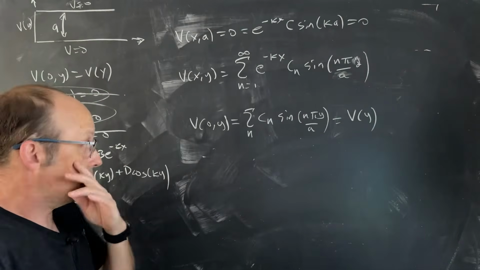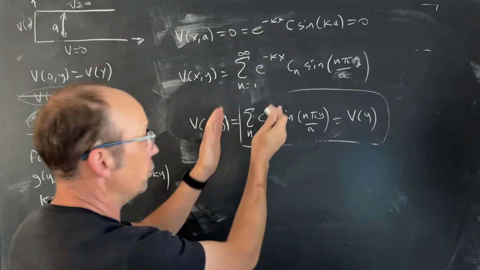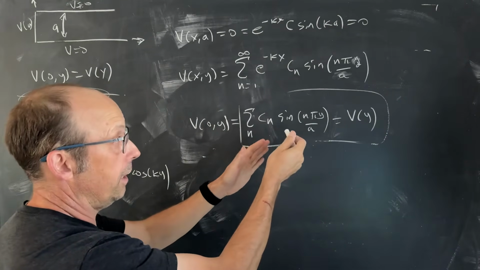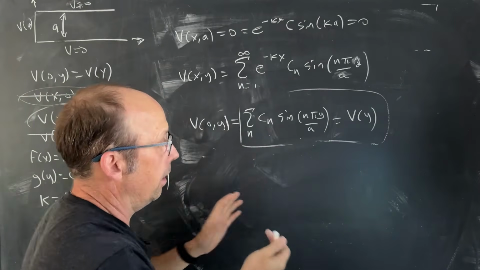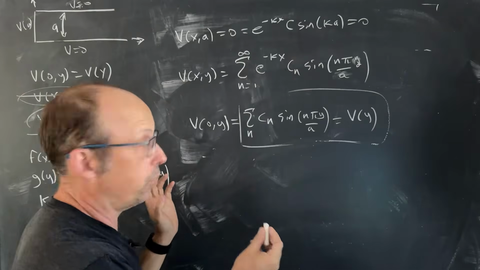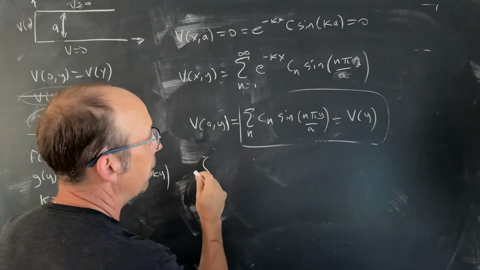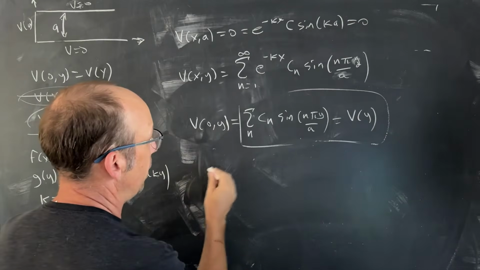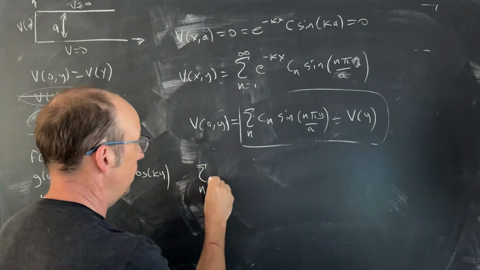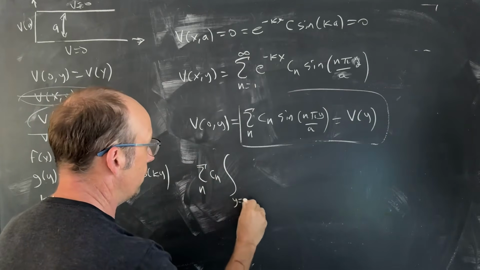Now we're going to do the trick. So the trick is this equation, I'm going to multiply both sides by sine of n prime pi y over a, and integrate over all values of y. So I get, I can pull the Cn out front. It doesn't depend on y. The sum over n, Cn, the integral from y is 0 to a, right?